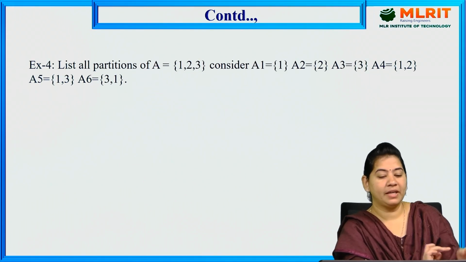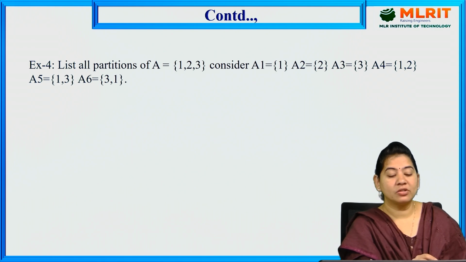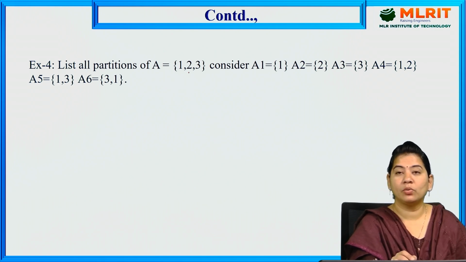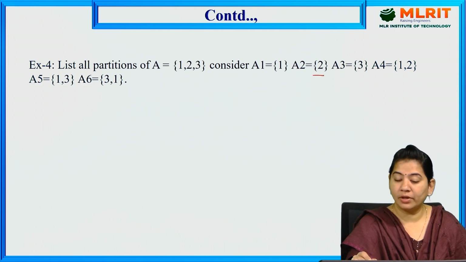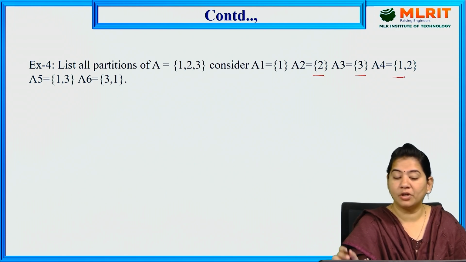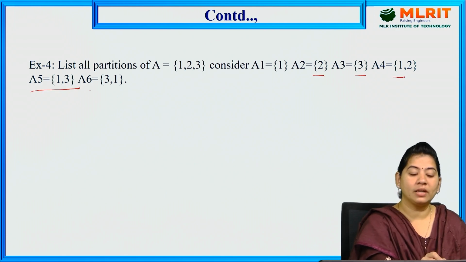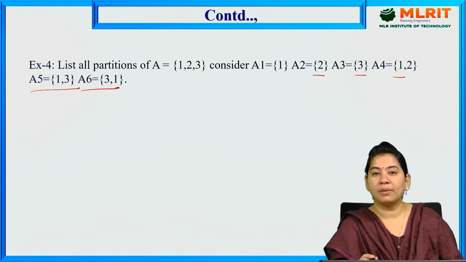In the same way, here we have another question. List all the partitions of A is equal to {1, 2, 3}. Consider A1 is equal to {1}, A2 is equal to {2}, A3 is equal to {3}, A4 is equal to {1, 2}, A5 is equal to {1, 3}, A6 is equal to {3, 1}.